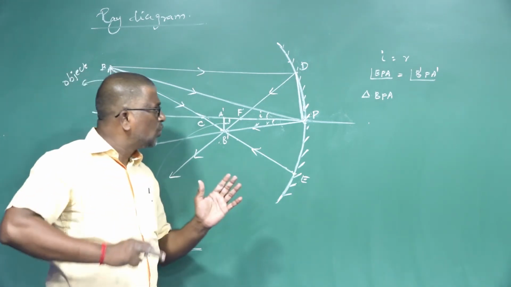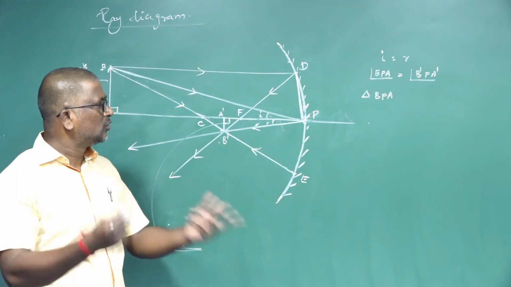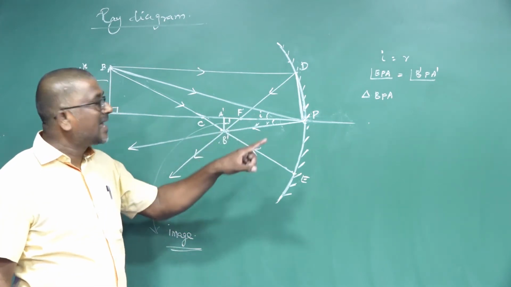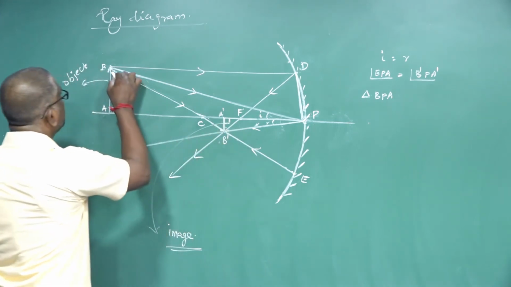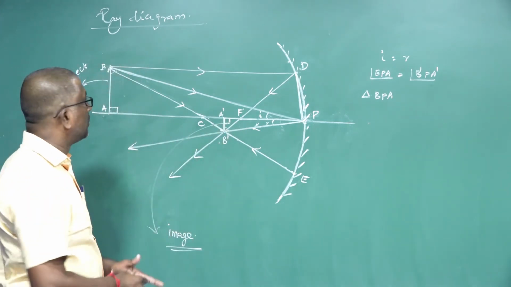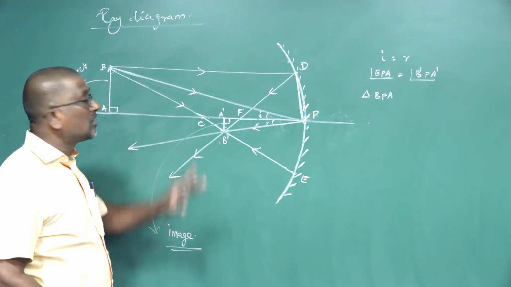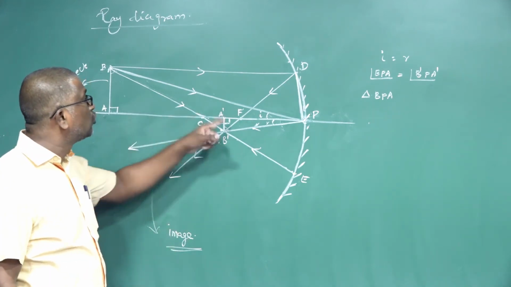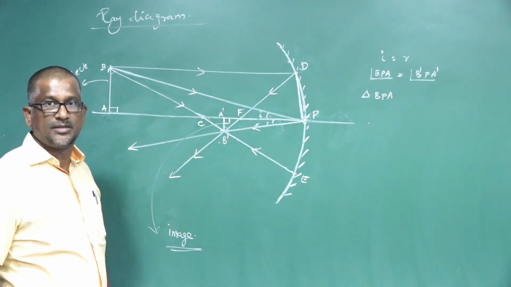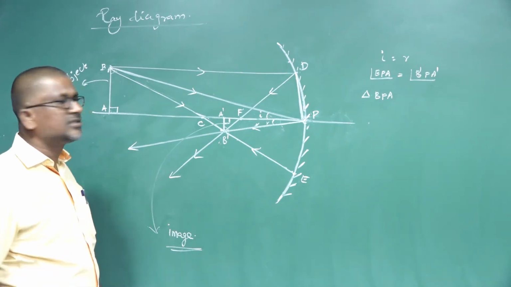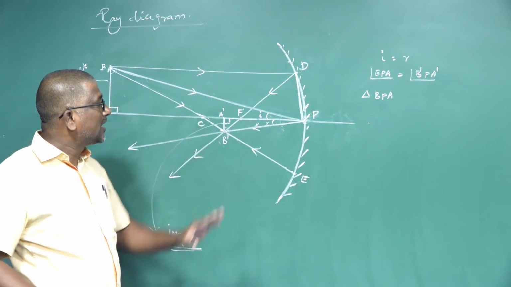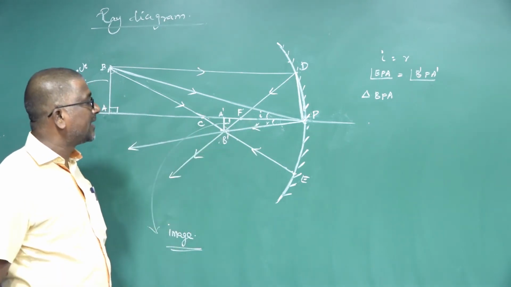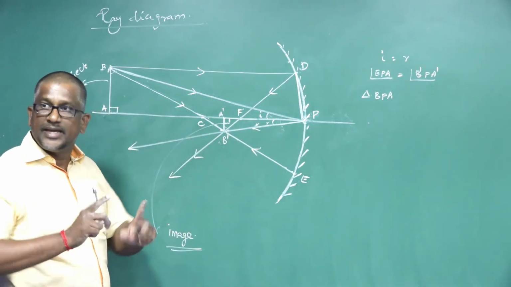If two angles are equal in two triangles, the other angle is definitely equal too. So these two triangles are similar triangles. Why are they called similar triangles? Because two angles are equal, and definitely the other angle should be equal.